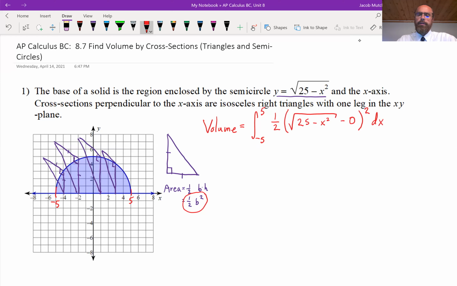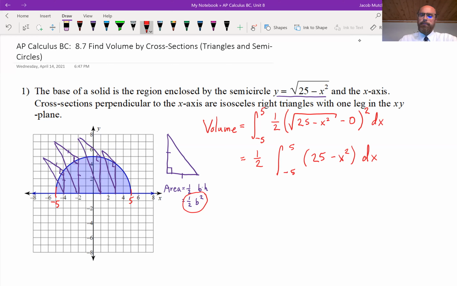At that point, we just want to evaluate. I'm going to bring the 1/2 out, let it pass through the integration, and we'll simplify the integrand. I basically have the square root of 25 minus x squared, minus 0, squared. That's going to collapse the radical, so all we have left is 25 minus x squared dx.